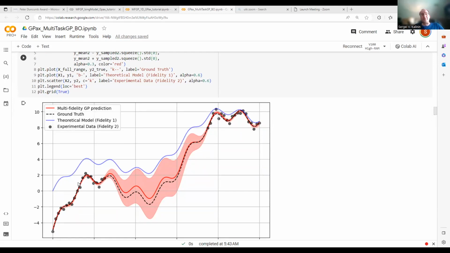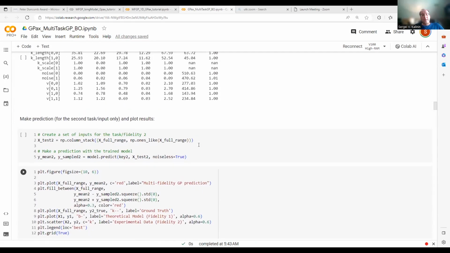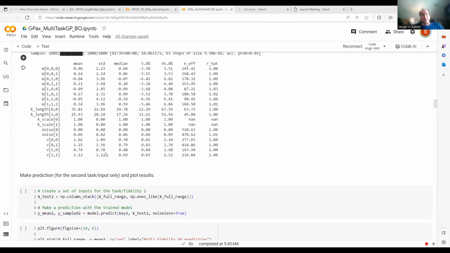It encoded this knowledge in the form of the matrices W and V, and then it used this knowledge to predict the behavior of the theory and experiment here. So if you tell me that the number of these parameters is large and we don't know what they mean, that would be absolutely true.